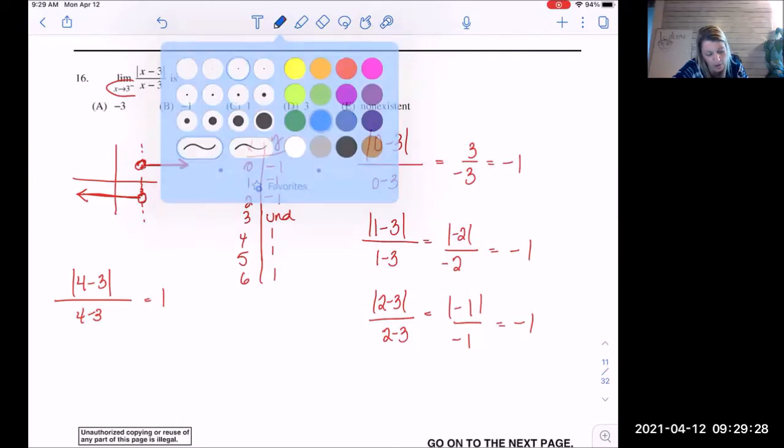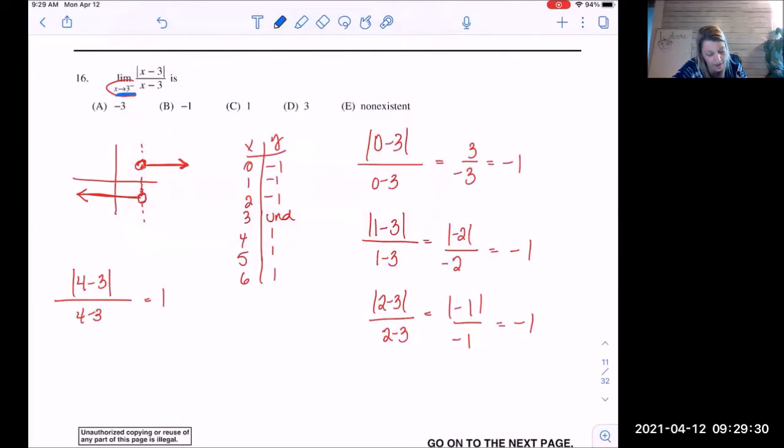And if we want to approach 3 from the left, we're talking about this right here. Or look, if we just look here, we're approaching 3 from the left. We're hitting negative 1 until we get 3, which is undefined. So it's negative 1.